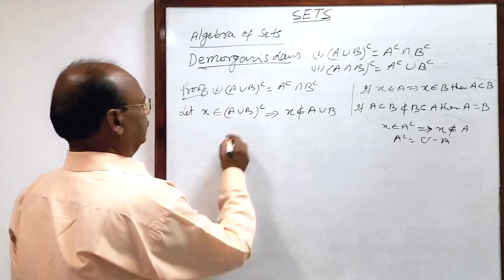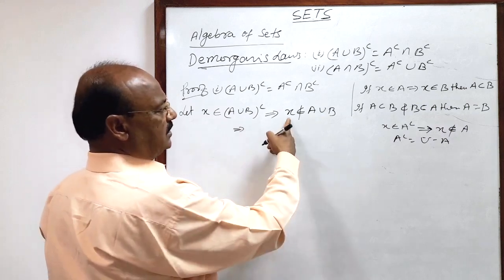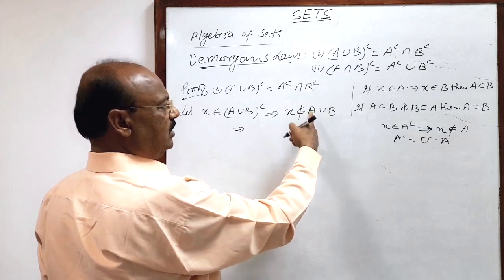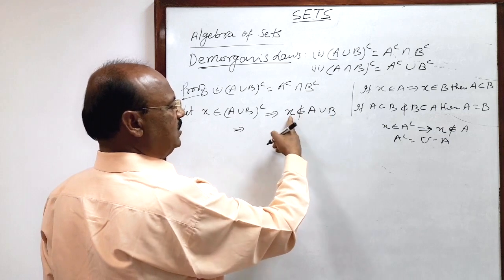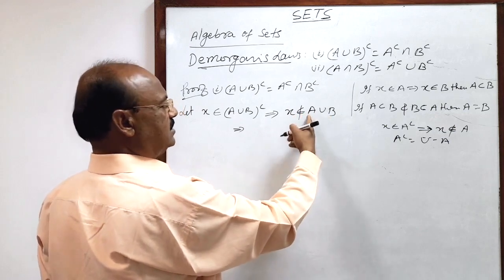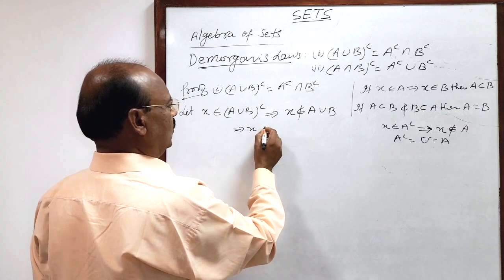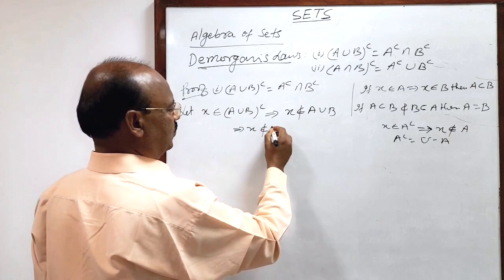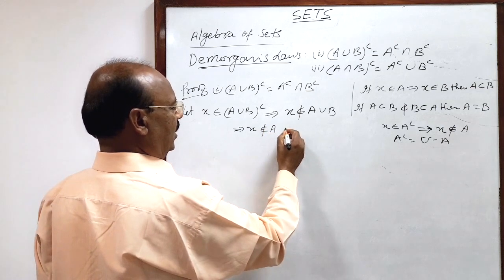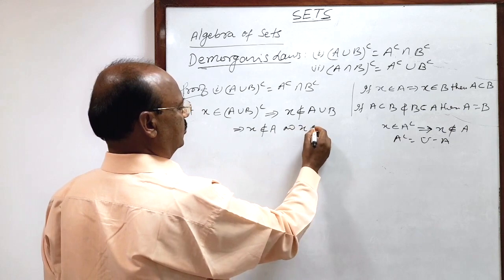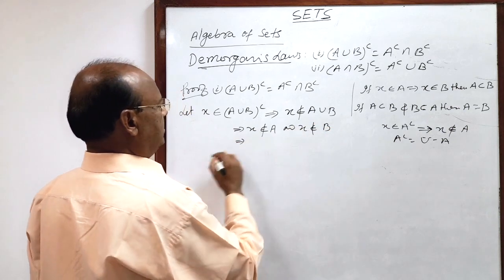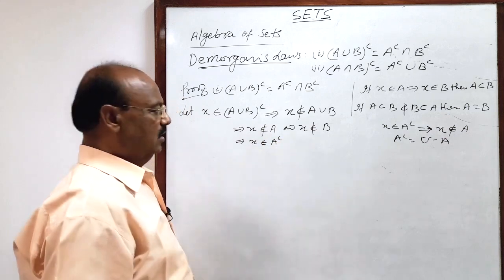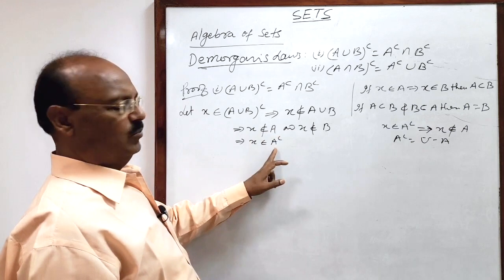And this implies that if X is not present in A union B, X is neither present in A nor in B. Means X is not present in both the sets A and B. So it implies that X is not present in A and X is not present in B. So this implies that X belongs to set A complement. If X is not in A, it will be in A complement.